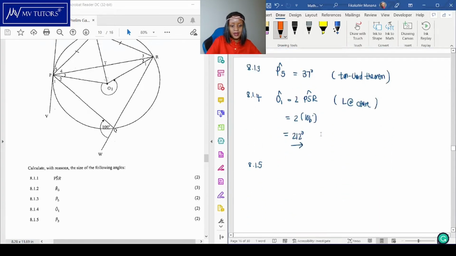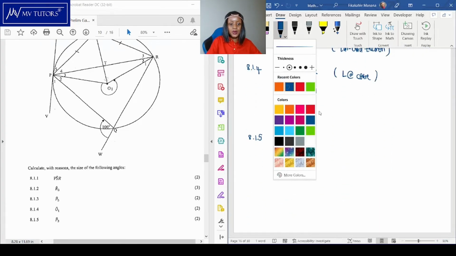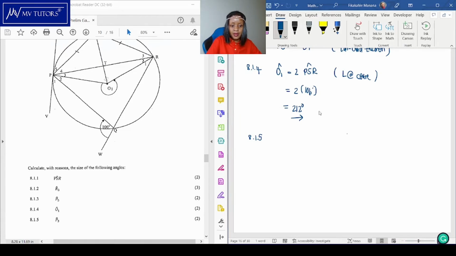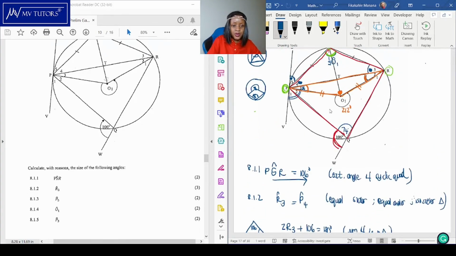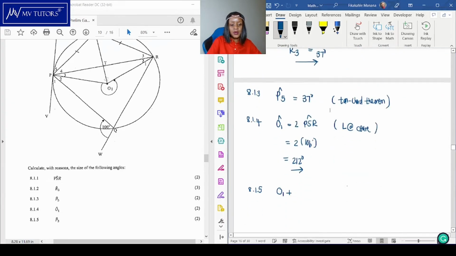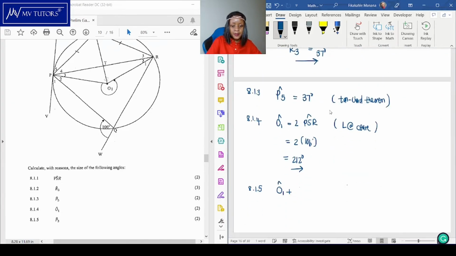So getting back to that, so O1 plus, I'm gonna name it O2. We don't have a name for it, I'm just gonna say O2. So O1 plus O2 is equal to 360, right? Because of sum of angles in a revolution.